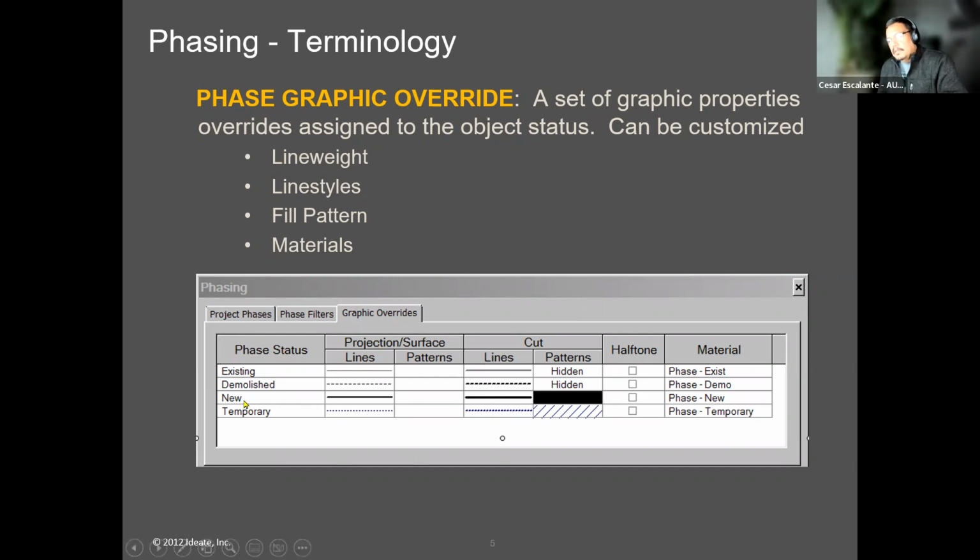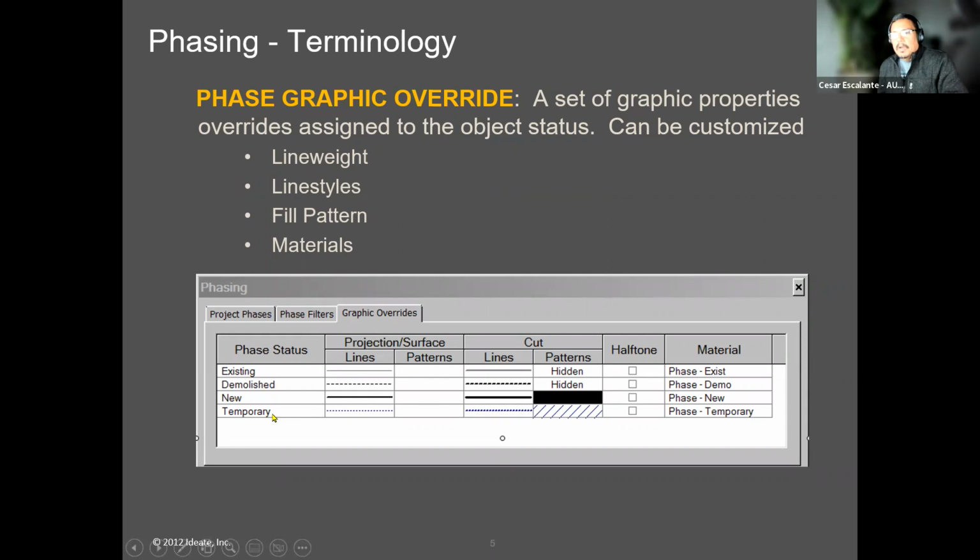New objects, you can also apply a graphic override. Although I have to say that new objects are usually displayed by category. And what that means is that we usually ignore the graphic override of the new objects in favor of the way they get represented in object styles.